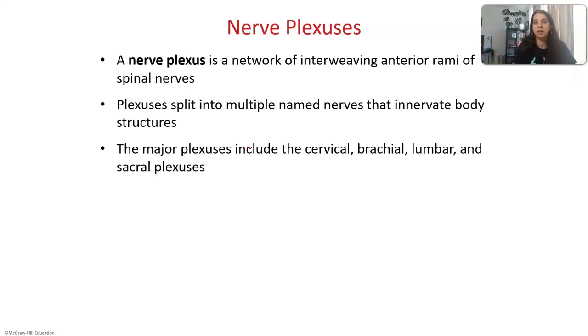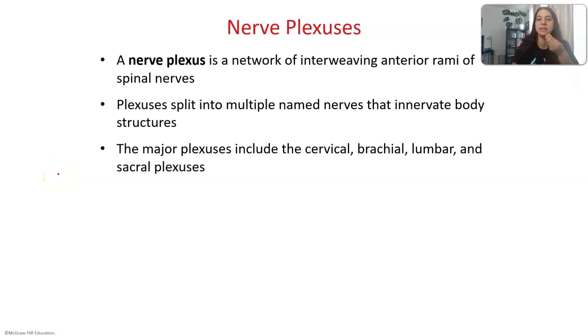Now, once that spinal nerve exits the intervertebral foramina and it forms those three wings, your anterior ramus, your posterior ramus, and your rami communicans, it's the anterior rami that come together and form a plexus.